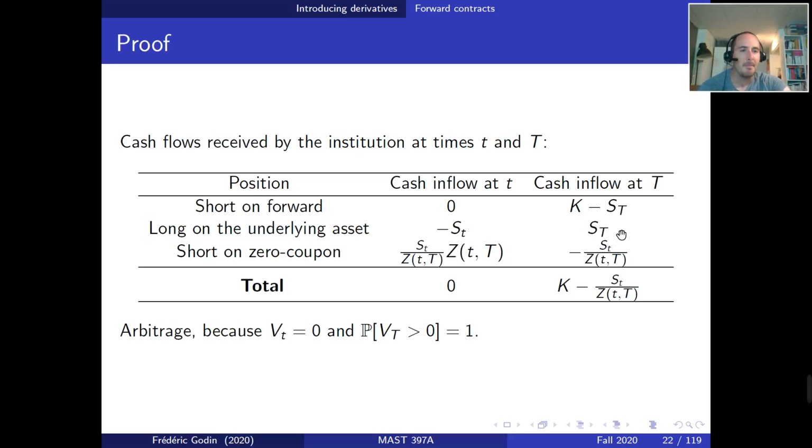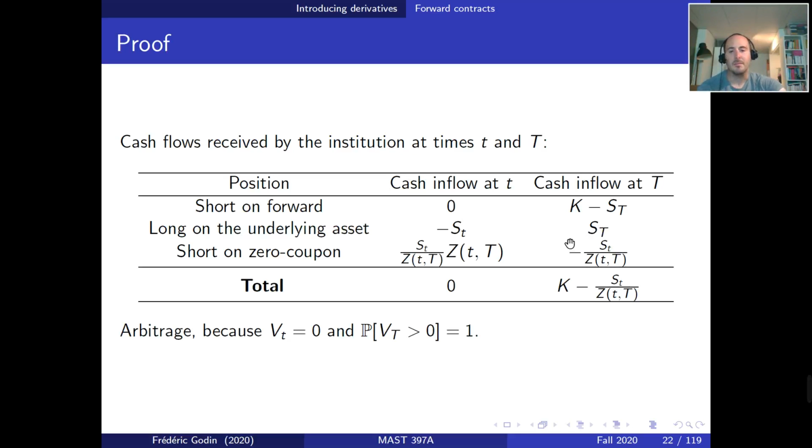But then at capital T, you hold the underlying asset, so you could liquidate your position and sell it, and you would receive S capital T, which is the value of the underlying asset. So your cash flows are minus S small t at time small t, which is an outflow, and at the maturity date, you have an inflow of value S capital T.